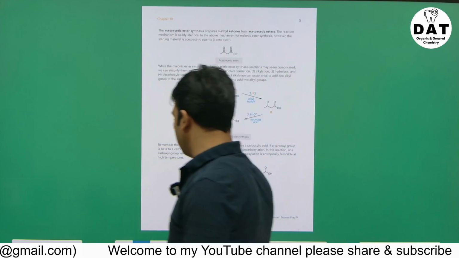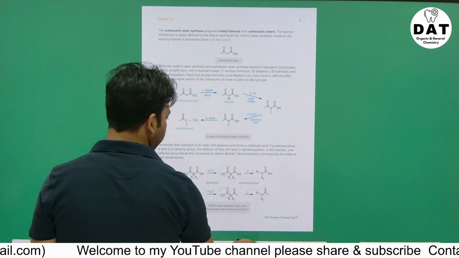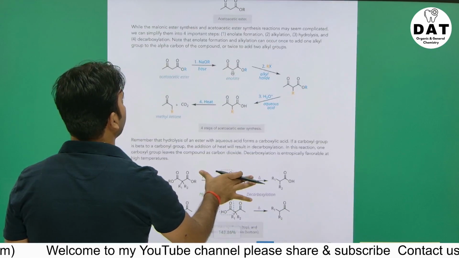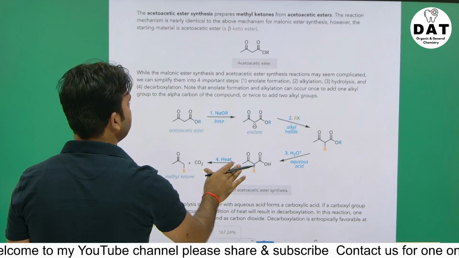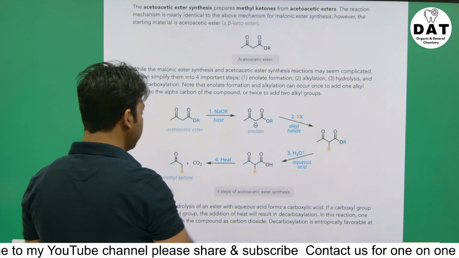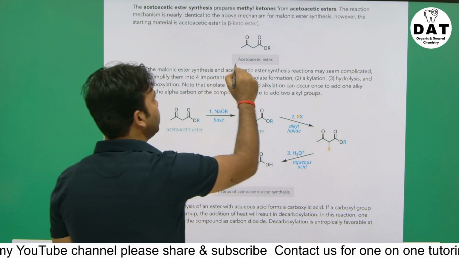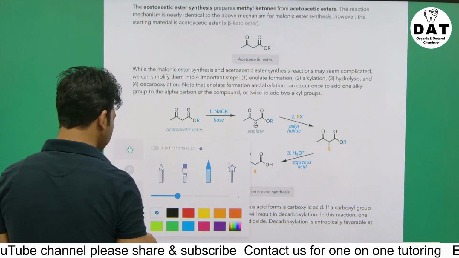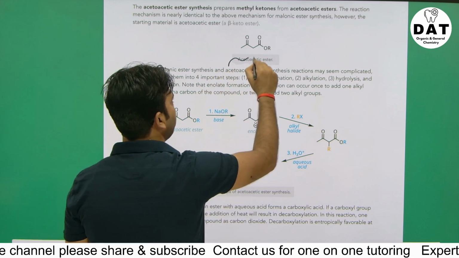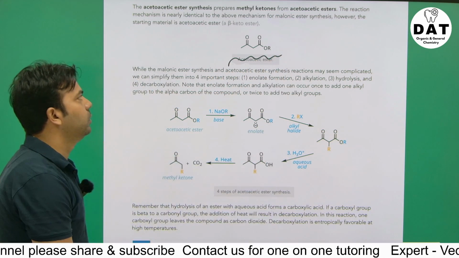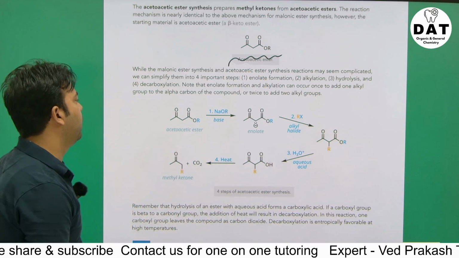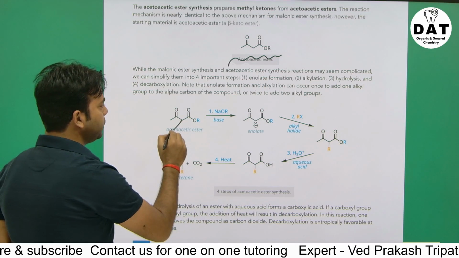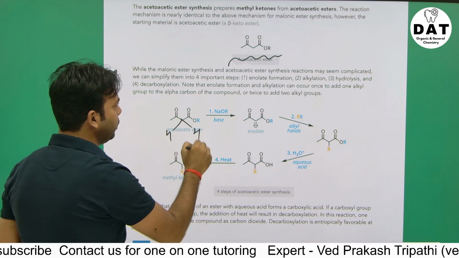Next is acetoacetic ester synthesis. In this synthesis, we can use acetoacetic ester, this ester molecule. So again we have a base and again we have acidic hydrogen.